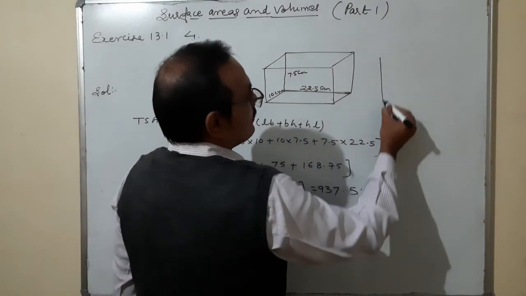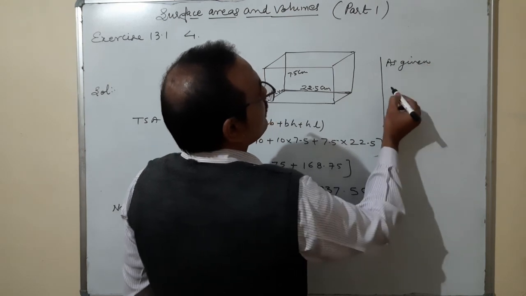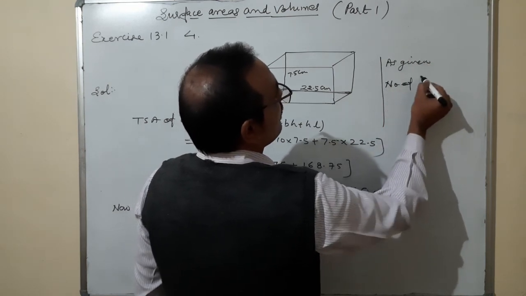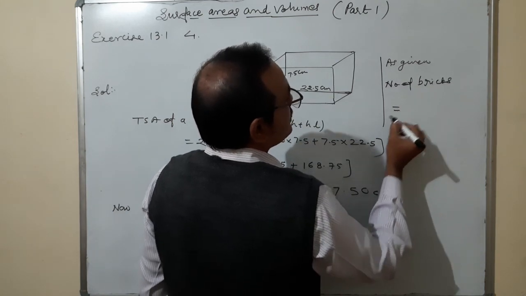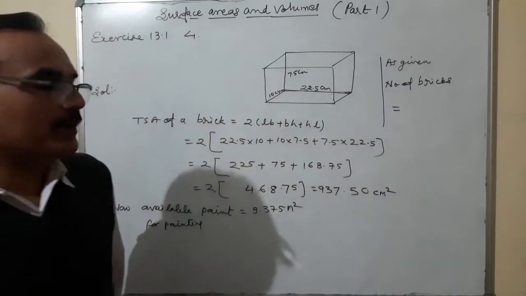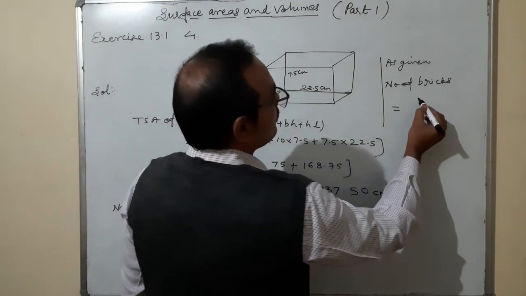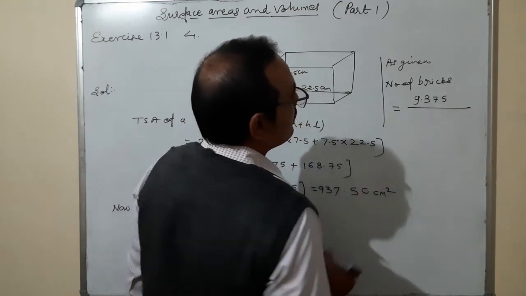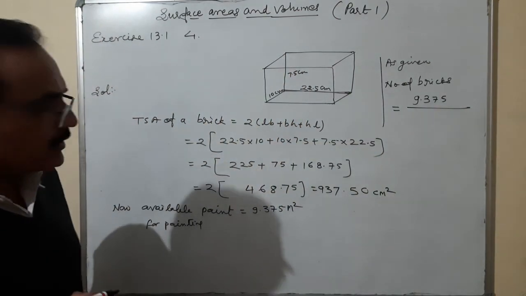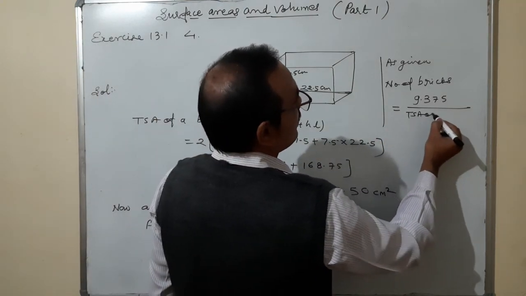So right here now, as given, number of bricks is equal to available paint 9.375 upon total surface area of a brick, upon TSA of a brick.